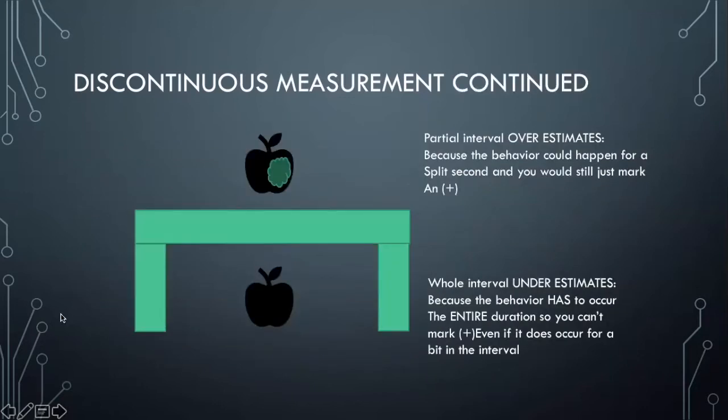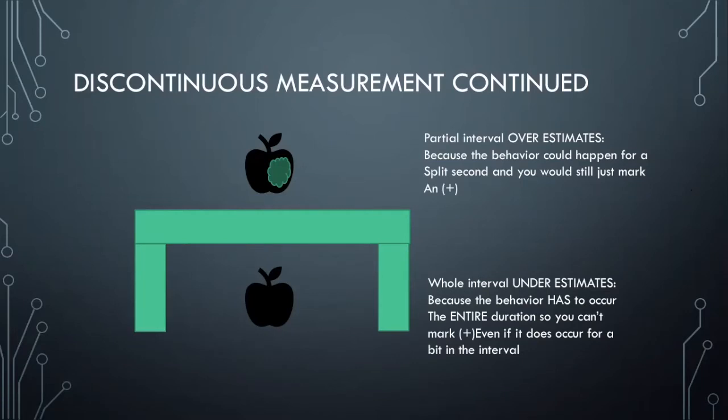In this presentation, I did a little table. There's a whole apple underneath the table, and there's an eaten apple or a partially eaten apple on top of the table. This representation tells us that partial interval recording, as represented by my bitten apple, overestimates, because it only has to happen for a split second in the interval for it to get the plus sign.